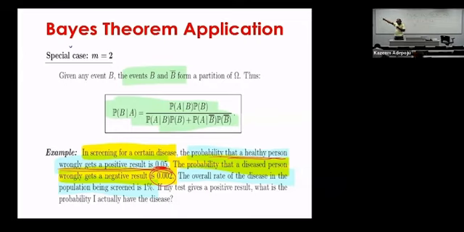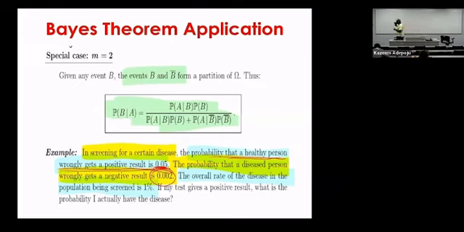B bar is the complement of B. It's either you belong to B or you don't belong to B. It's just like right now, it's either you are in my class or you are not in this class. Does that make sense?